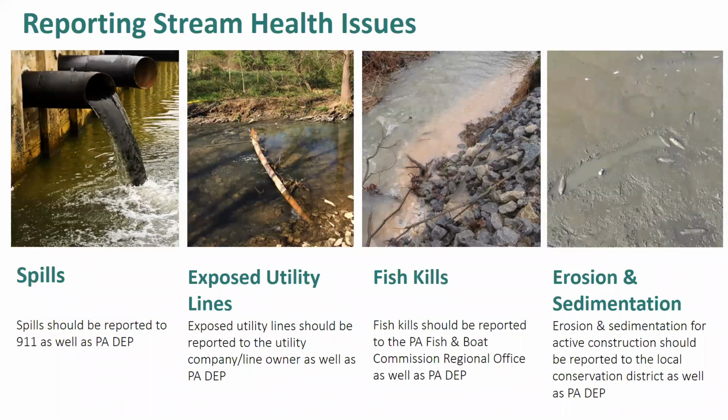Exposed lines can also be reported to DEP. Fish kills should be reported to the regional office of the Pennsylvania Fish and Boat Commission, as well as DEP. And any sediment from active construction sites should be reported to your local conservation district.